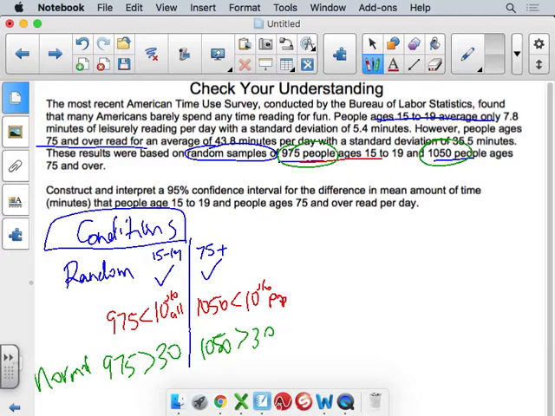Alright, so what I want you to do is try and do the math part of it on your own here. See what you can do. I'll give you a few minutes. I want you to do just what we did on the front side.